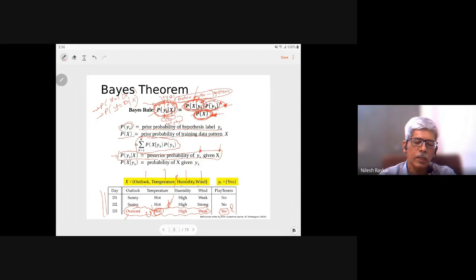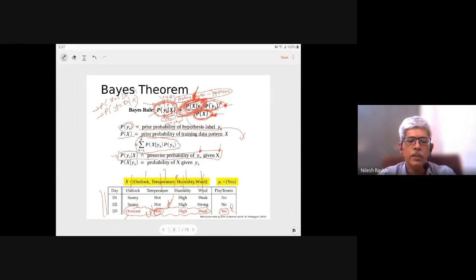In order to calculate the first term in the probability, that is P(x given y), we have to make some assumption. That is what this entire model is based on: we are considering that each of these features, that is outlook, temperature, humidity, wind, are independent of each other, in which case this first term P(x|y) can be calculated just by using the pattern of the data.